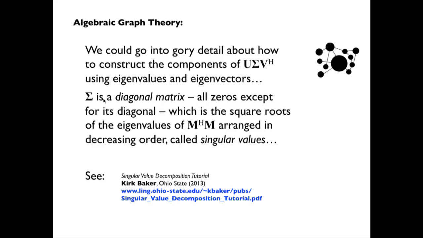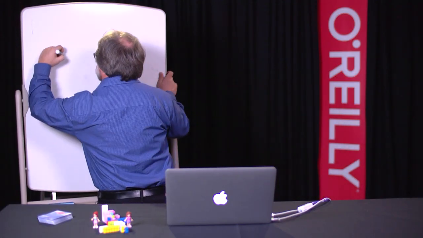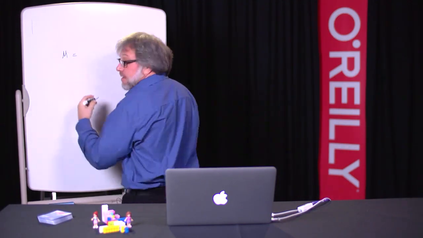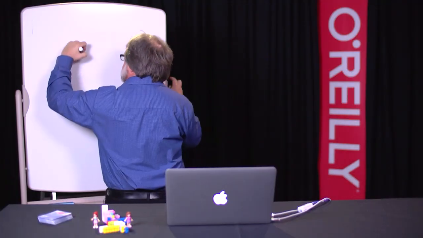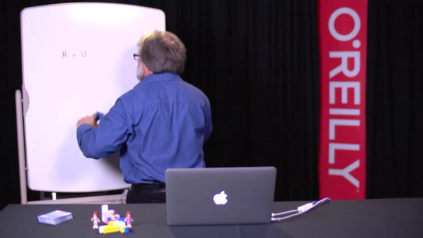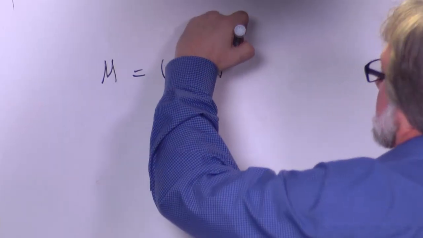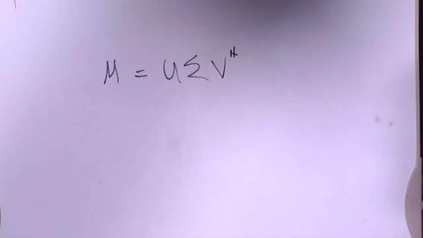The main point, though, is that if you take a look at, let's draw this. Say that we've got our input data M, and then we've got times U times sigma, and we've got V, and we'll call that VH.